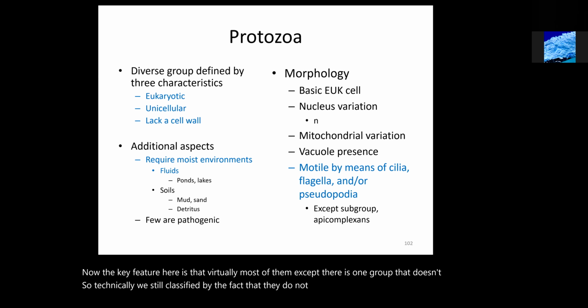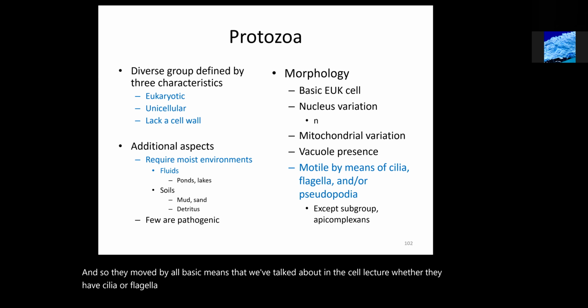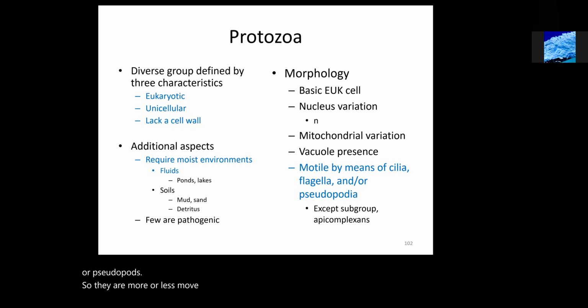Keep that in mind. They move by all basic means that we've talked about in the cell lecture, whether they have cilia or flagella, or parts of their bodies extend and protrude, called pseudopodia or pseudopods. So they all more or less move, swim, crawl, or some variation thereof, with the exception of one of those classifications, just so you know.